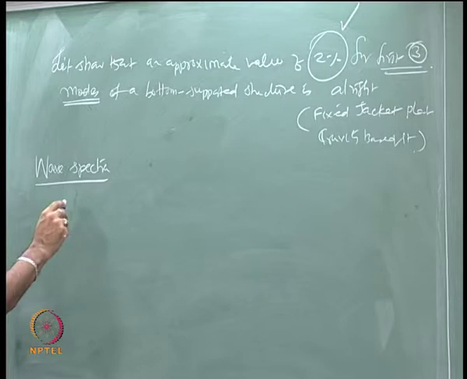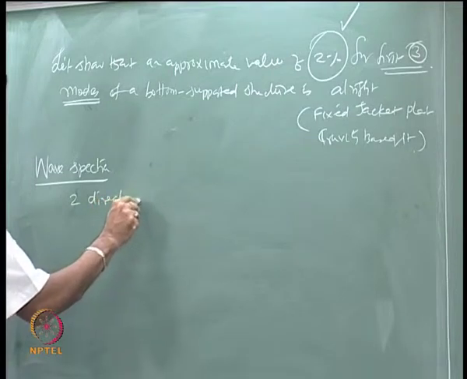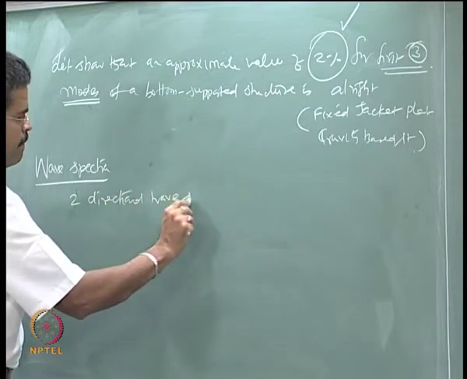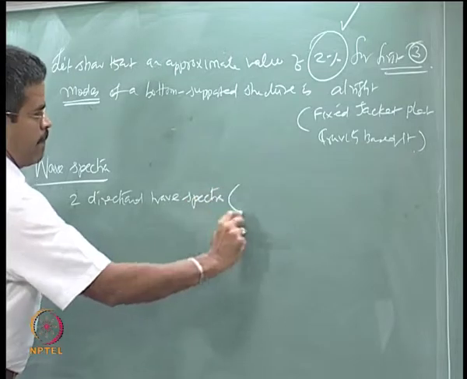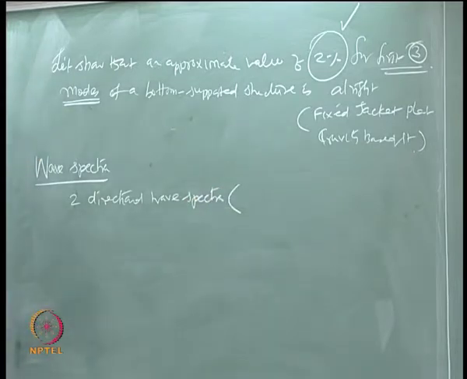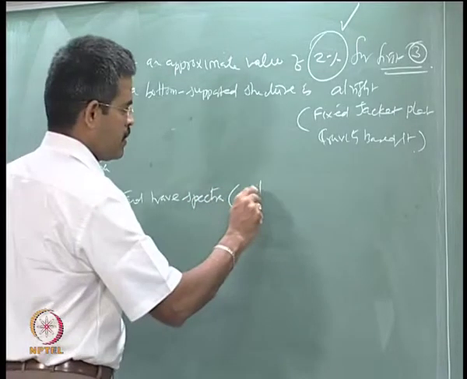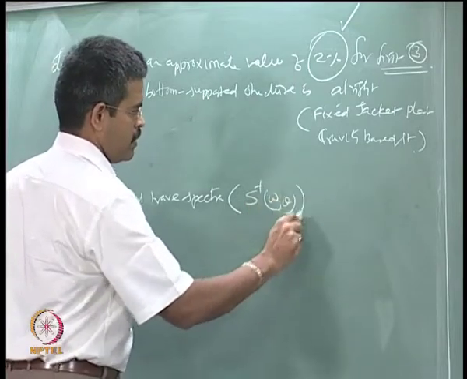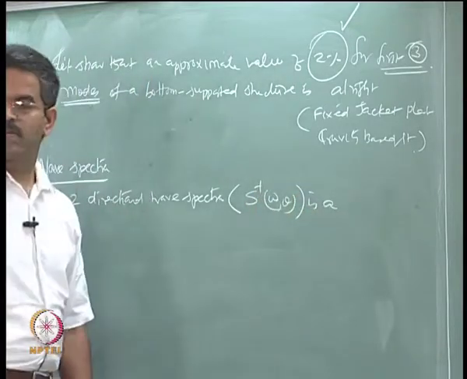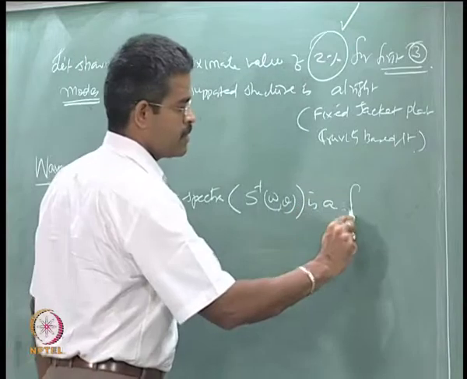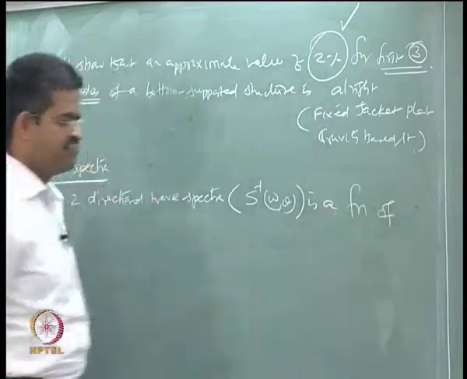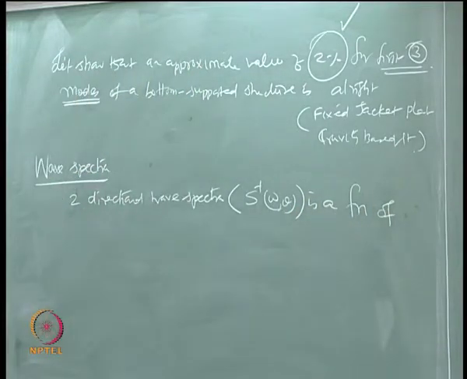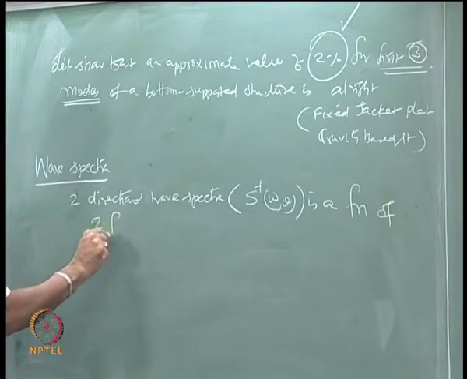A wave spectrum is actually a 2 directional wave spectrum, which I call S plus omega theta, and it is a function of 2 factors.